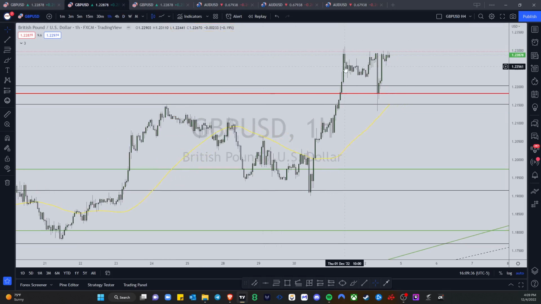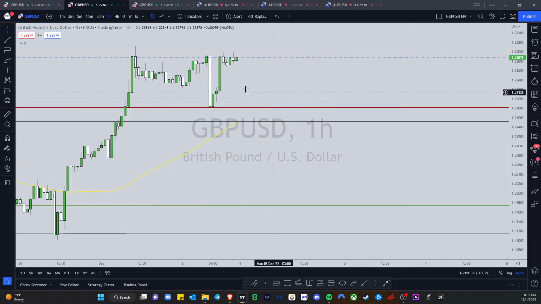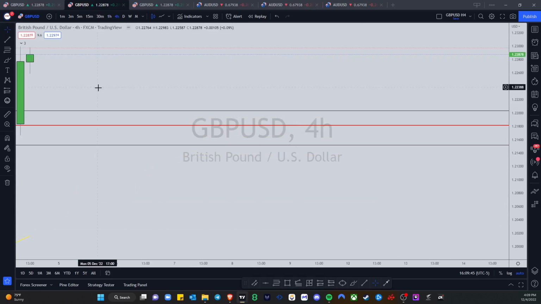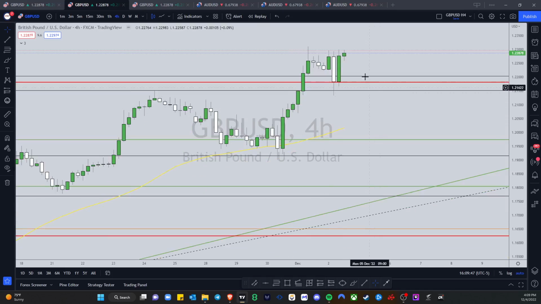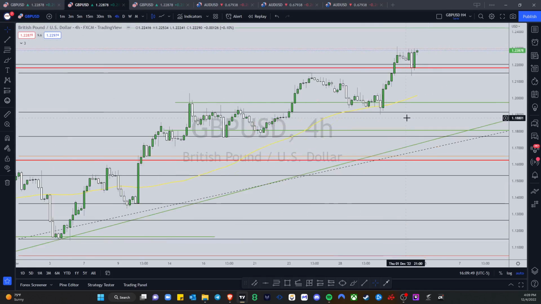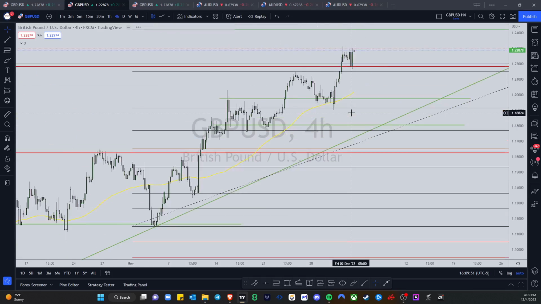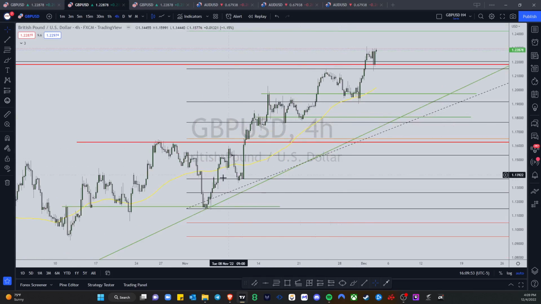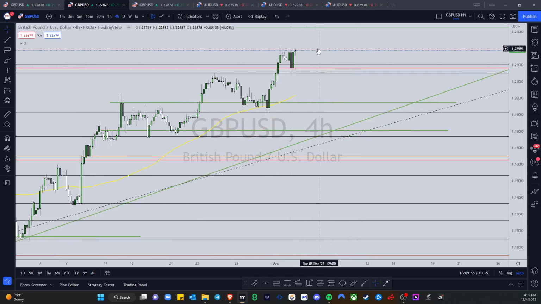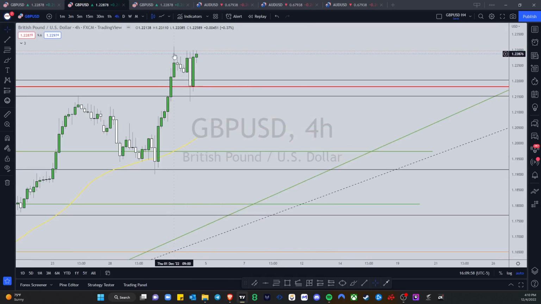H4 is also showing some type of resistance level. It's a pretty strong level of resistance. So my bad, that's H1. That was H1. So H4 is looking like it's maintained structure, but also showing some type of exhaustion, right?